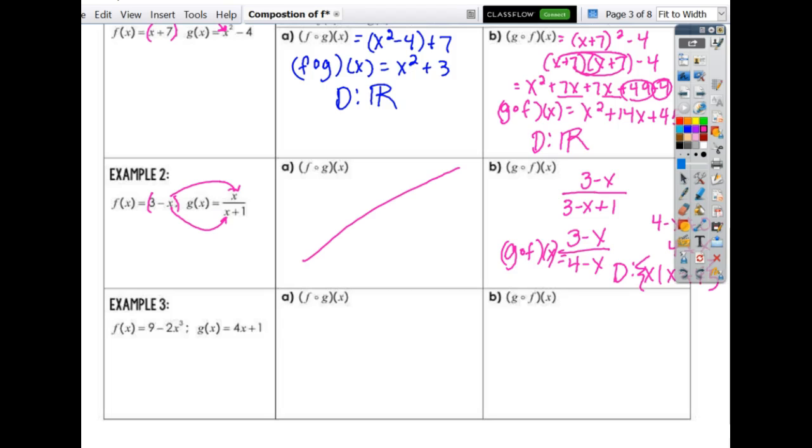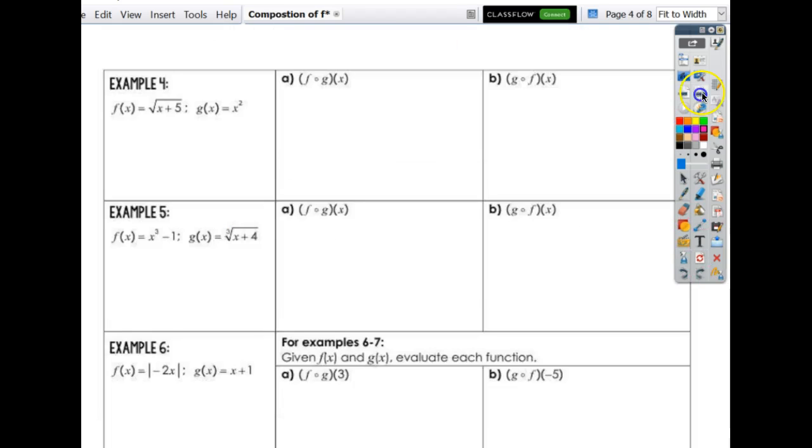Because you can't have negative numbers underneath the square root. So really the rational and the square root are the two we're going to watch, okay? So that's why I'm not doing this. This is x to the third and a line, so we're not getting any restrictions, right? So all real numbers, okay? Basically, if it's a fraction or the square root, those are going to be your restrictions. Okay.